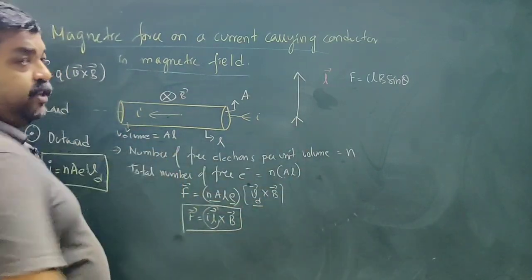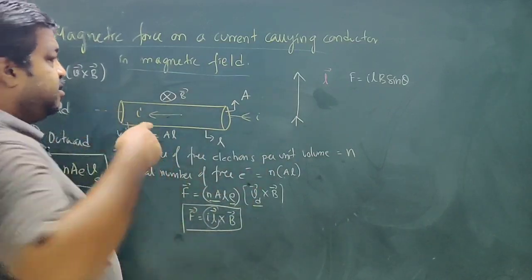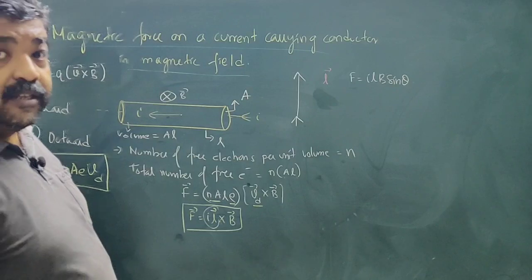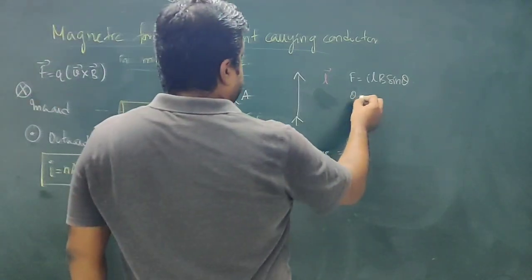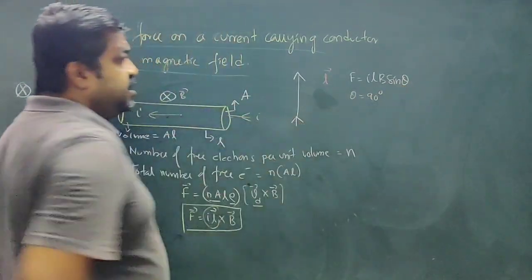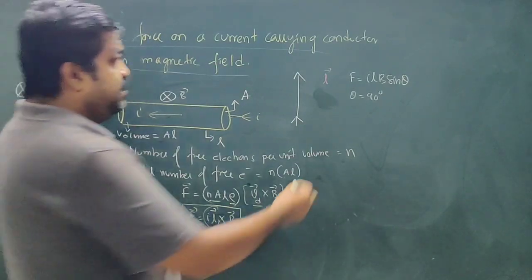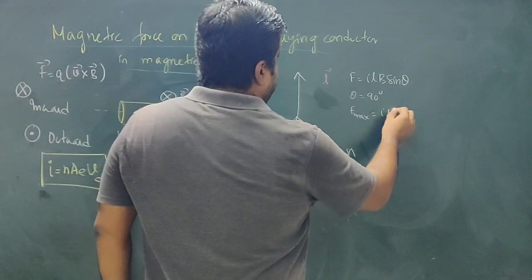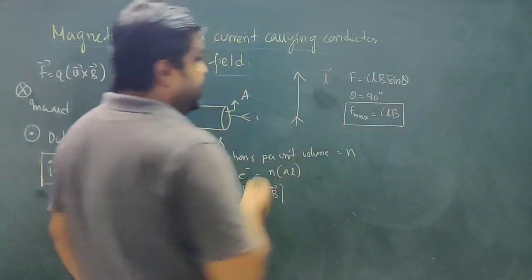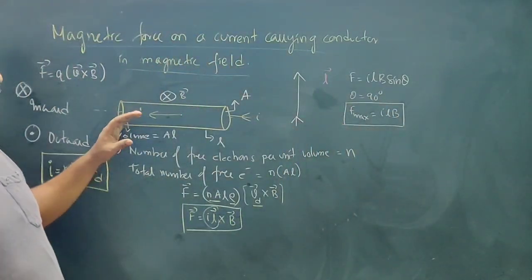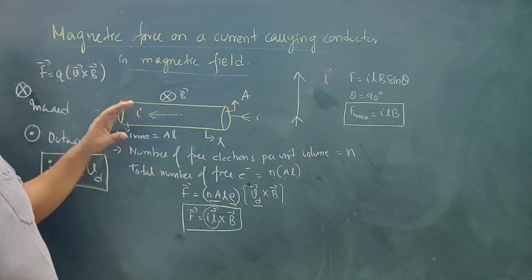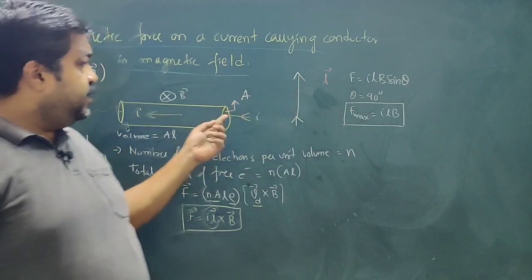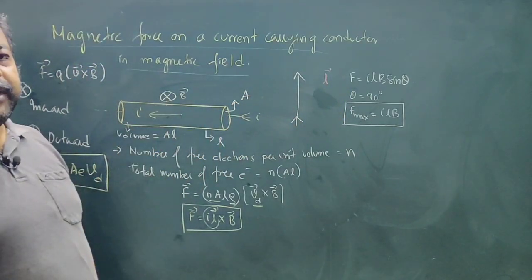B is going inward. So what is the angle between I L and B? It is 90 degrees. When theta is 90 degrees, the force is maximum and it is equal to I L B. So a current carrying conductor placed in a magnetic field will experience a maximum force when the conductor is placed perpendicular to the direction of the magnetic field.